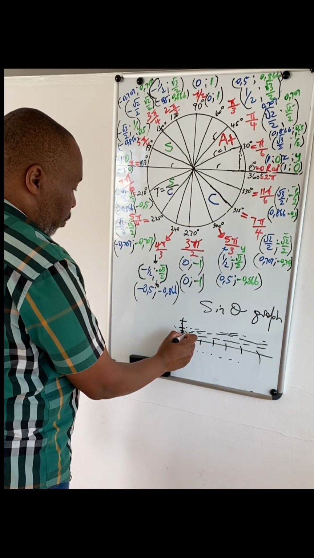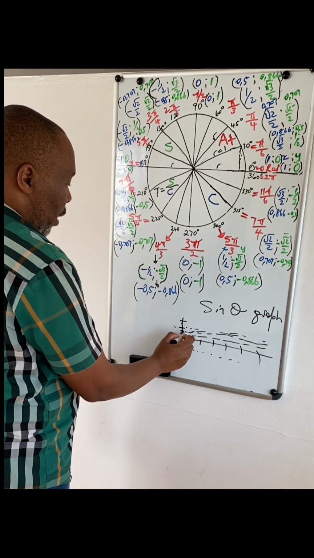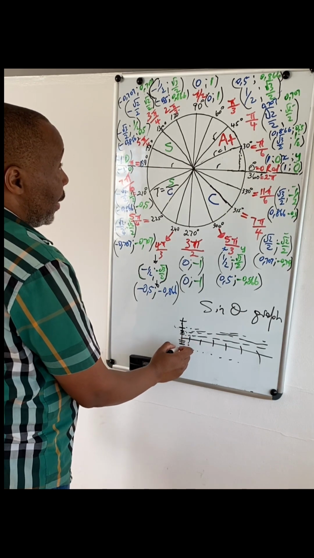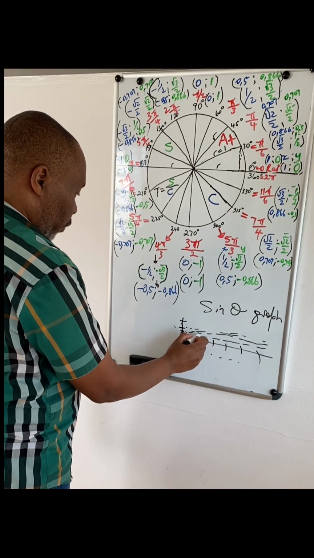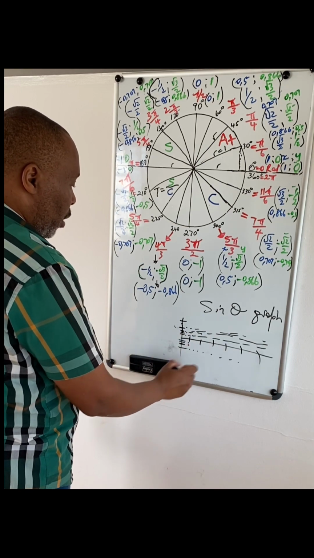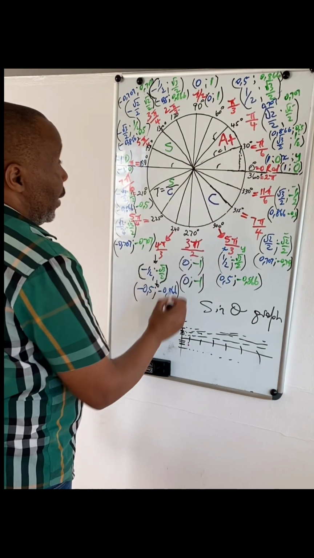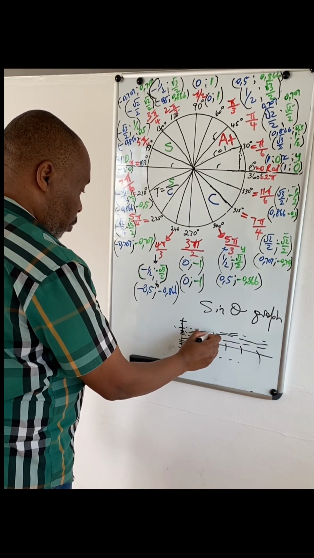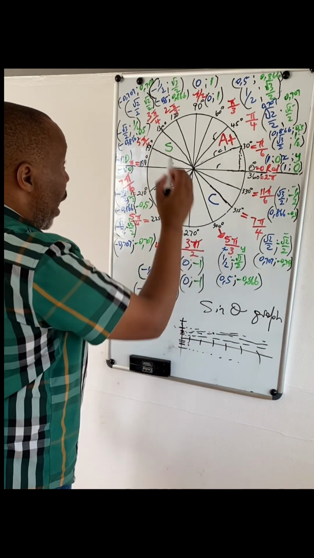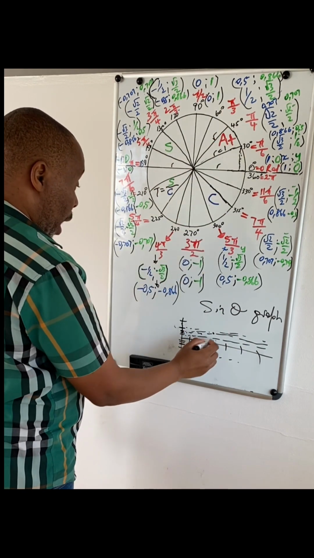So here it would be 0.5 at 30, at 45 would be 0.7, at 60 it would be 0.8, and at 90 it would be 1.